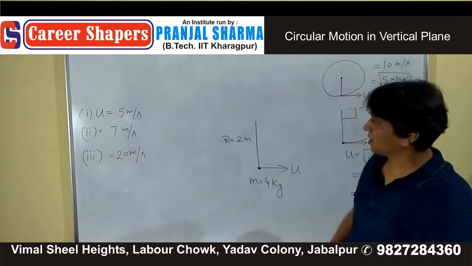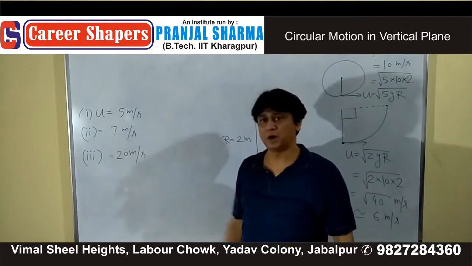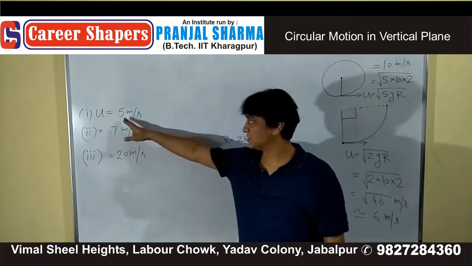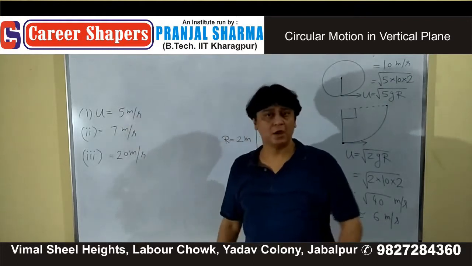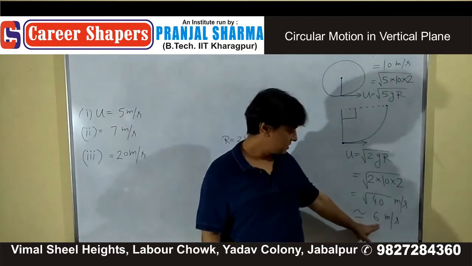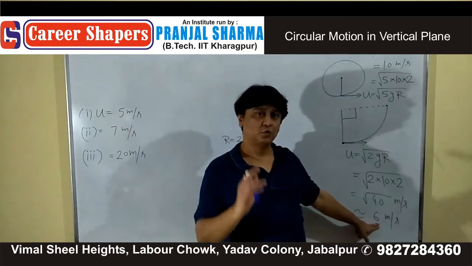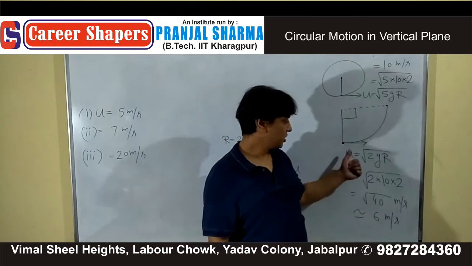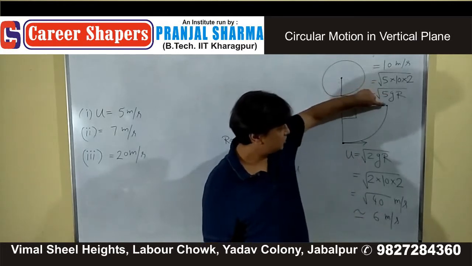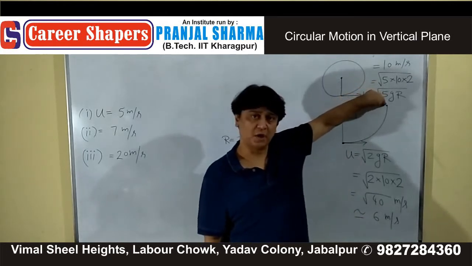But look at this first part. First part says u is 5. 5 is less than 6, which means when you give 6, it can just reach the 1/4 mark.